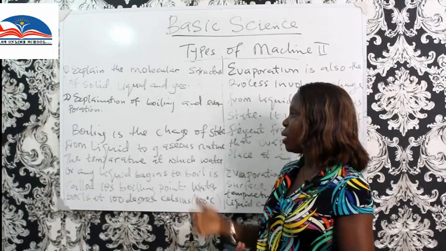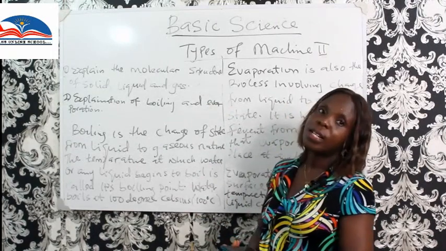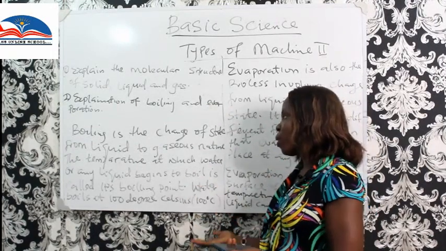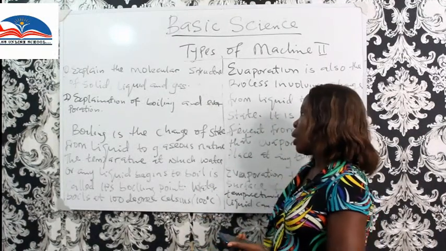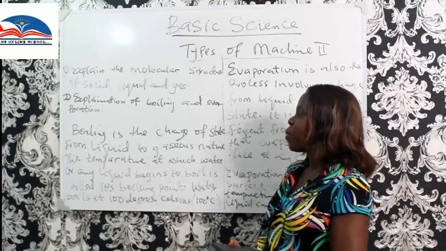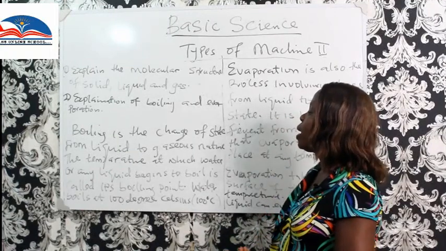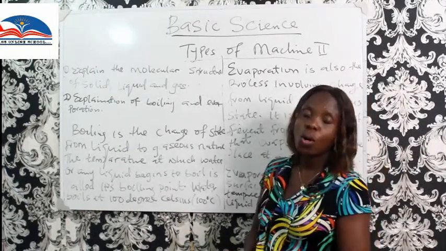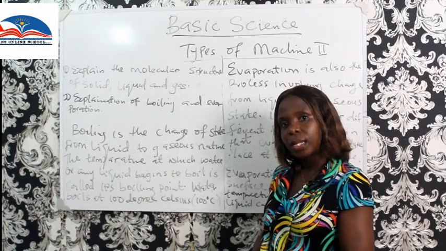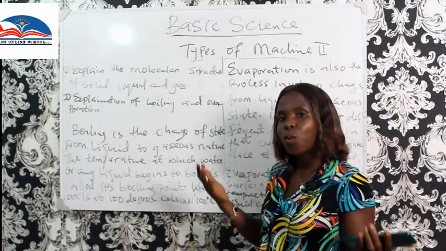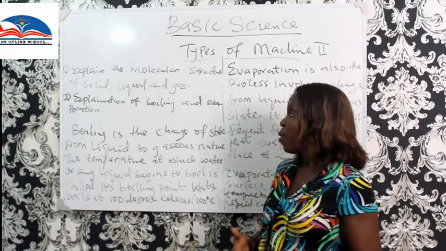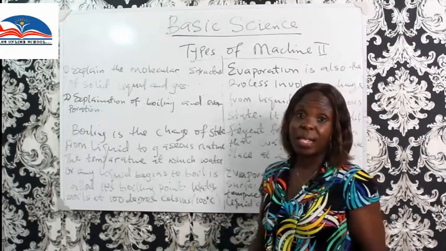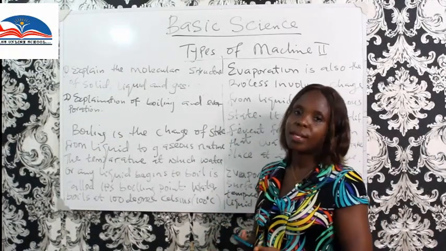Having seen what boiling is, we said that boiling is a change from a liquid nature to gaseous nature. And the temperature at which water or any liquid begins to boil is called its boiling point. And so once you start boiling, whether water or any liquid, remember that it's going to change from its liquid state to its gaseous state.